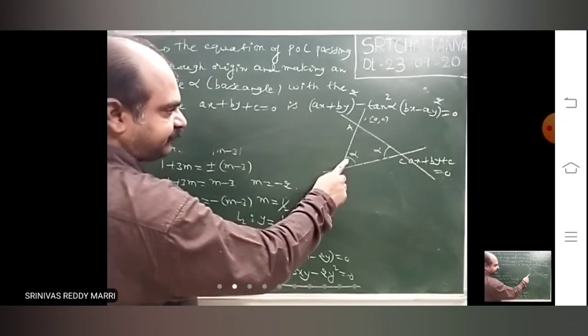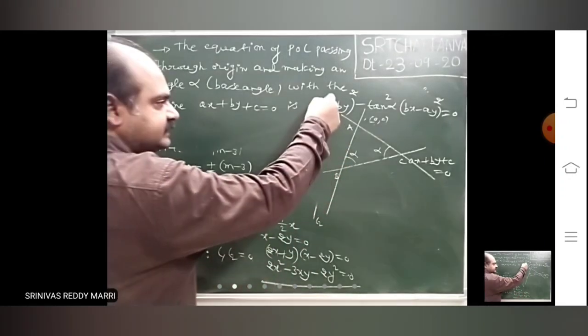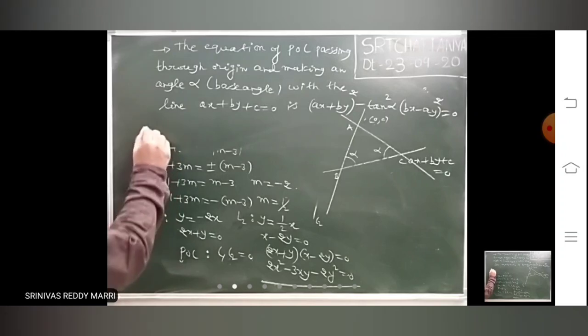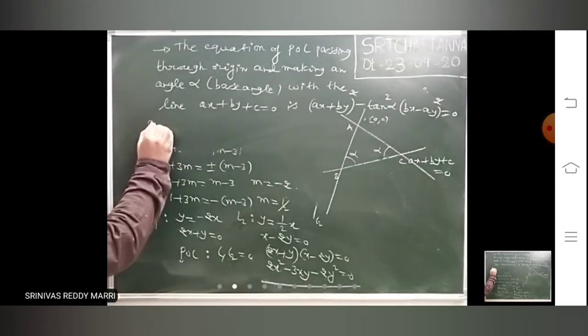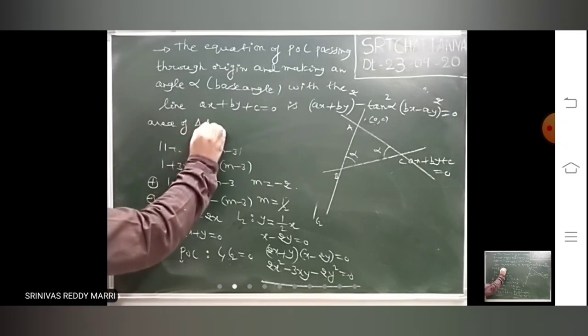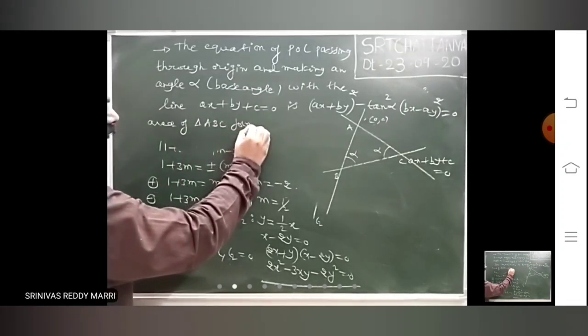So previously this is 45, this is 45, like that, lines passing through origin and making equal angles with this line. And suppose the area of triangle ABC formed.